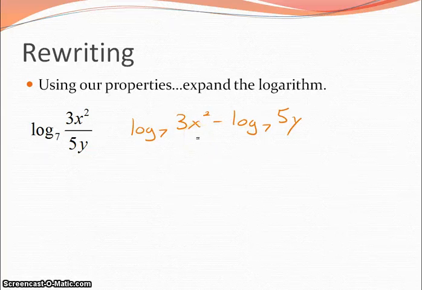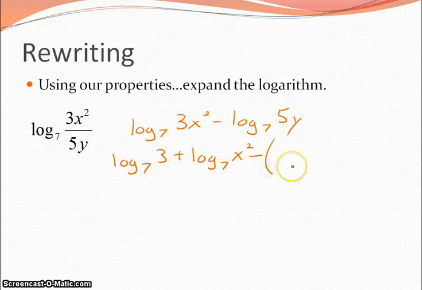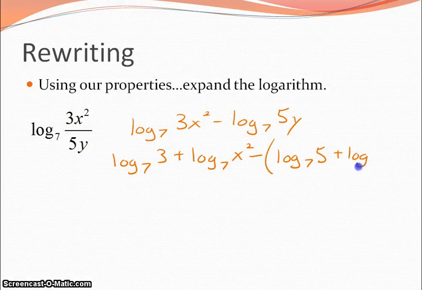So I know that I'm going to have to do log base 7 of 3 plus log base 7 of x squared. I know I can't have exponents, so I'll get back to that in a second. And then I have log. Since I'm subtracting this product, I'm going to put it in parentheses so I don't forget about it. Again, that's going to be something that might trip you up eventually if you aren't careful enough. So I have log base 7 of 5 plus log base 7 of y.